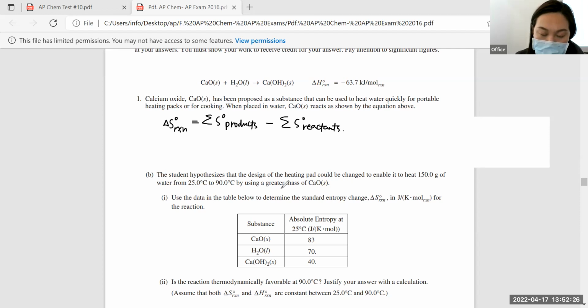So delta S equals my product, which is CaOH2, 40, minus reactants, which is CaO, 83 plus 70.